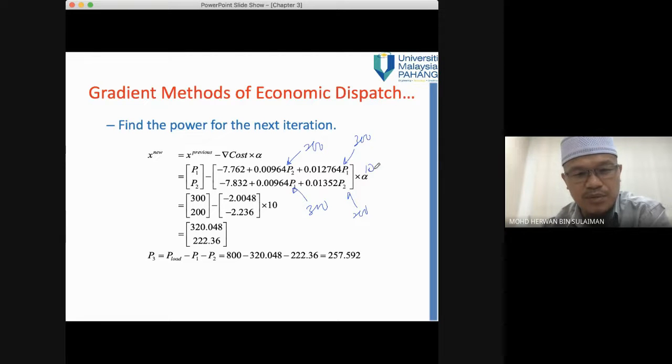Alpha will be given. Okay, you just use the calculator. So when you do this one, minus becomes positive, plus, you get 320, 222. Then you can calculate your P3. Your P3, P load 800, subtract these two values, you get 257.